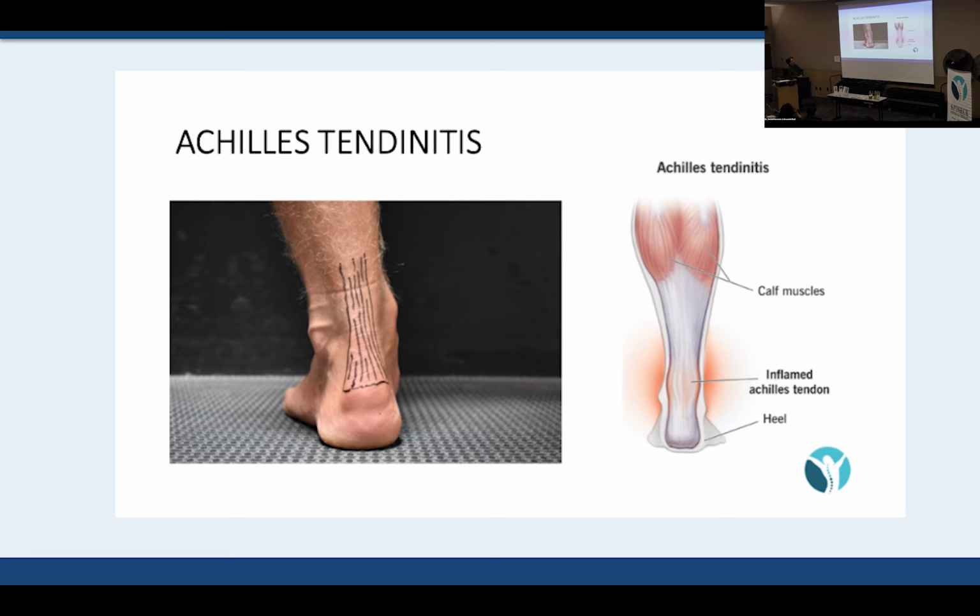Now we'll touch on Achilles tendinitis a little bit. Achilles tendinitis is inflammation of the Achilles tendon, which is this tendon right over here. It's a very strong tendon which has a very weak blood supply.